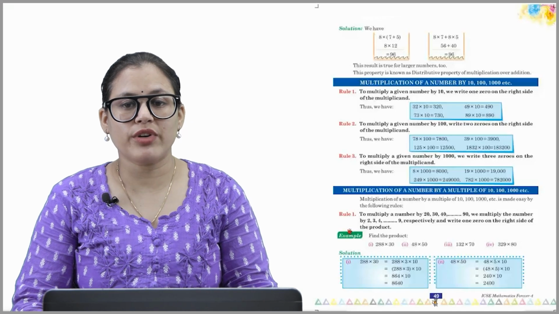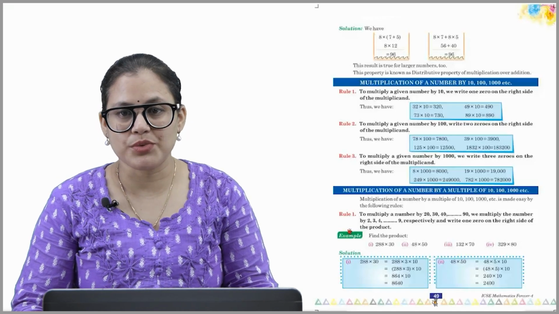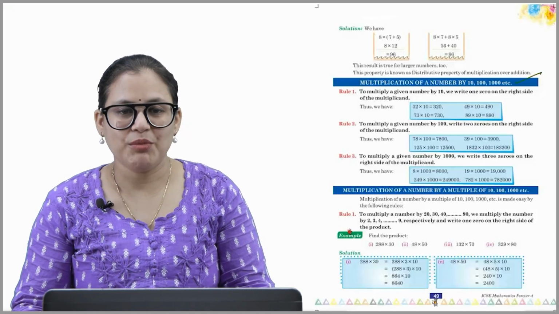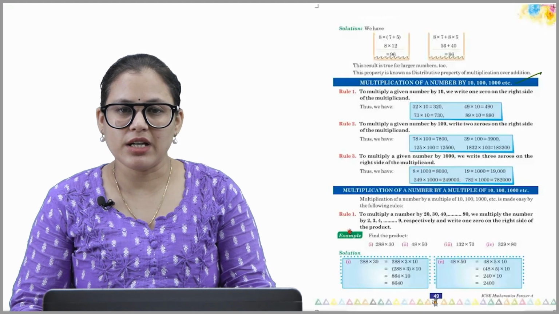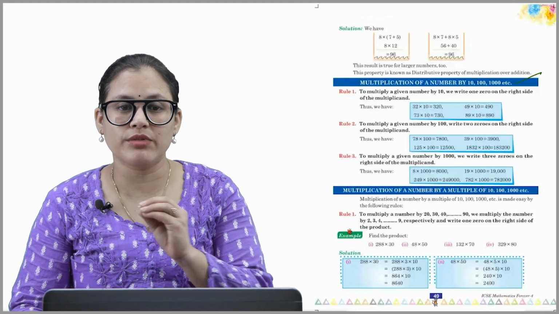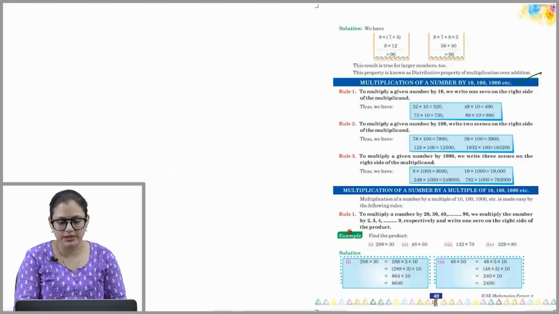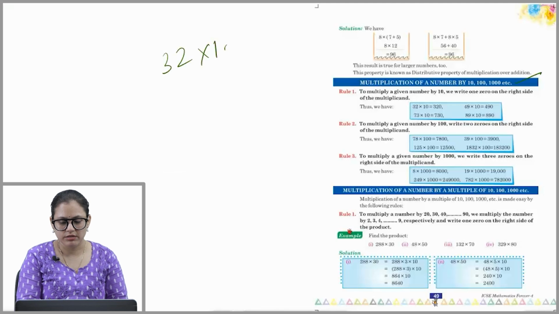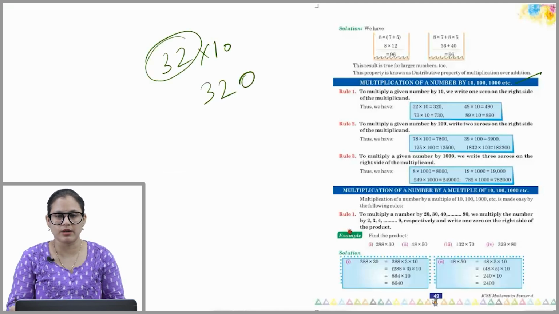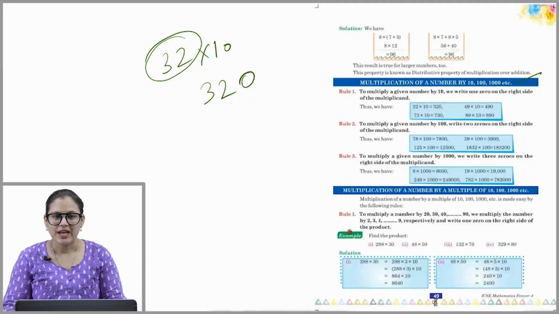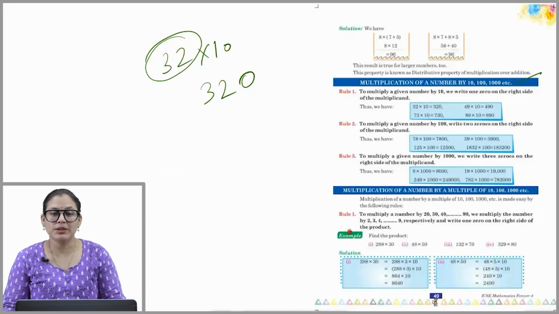Now, multiplication of a number by 10, 100, 1000, etc. Rule 1, to multiply a given number by 10, we write 1 zero on the right side of the multiplicand, okay. For example, 32 into 10. This is the multiplicand, just put 1 zero to the right side of this, okay. Rule 2, to multiply a given number by 100, write 2 zeros on the right side of the multiplicand.